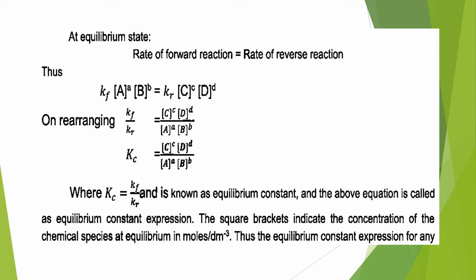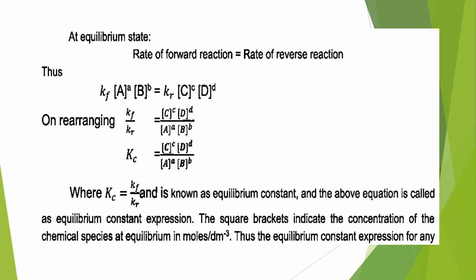Now what happens at the equilibrium state? The rate of the forward reaction becomes equal to the rate of the reverse reaction. So Kf times the concentration of A and the concentration of B, each raised to the power of its number of moles, will become equal to Kr times the concentration of C and D, each raised to the power of its number of moles.